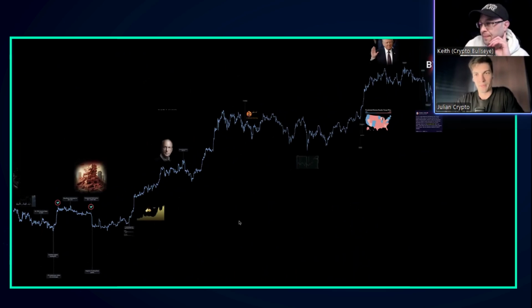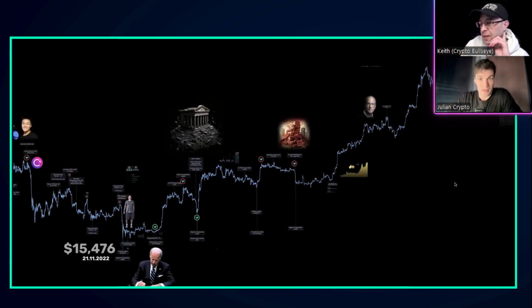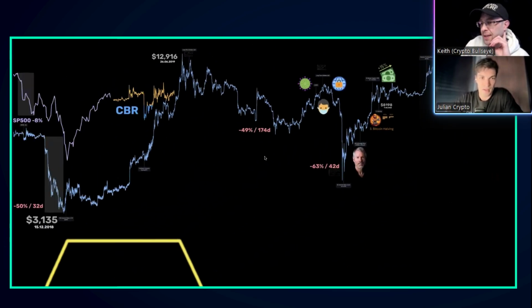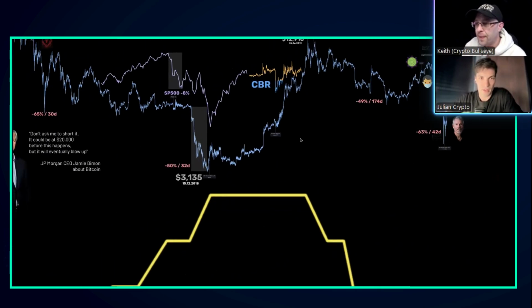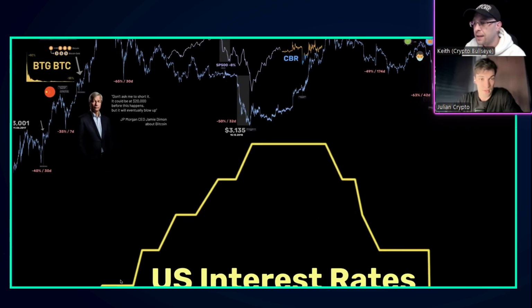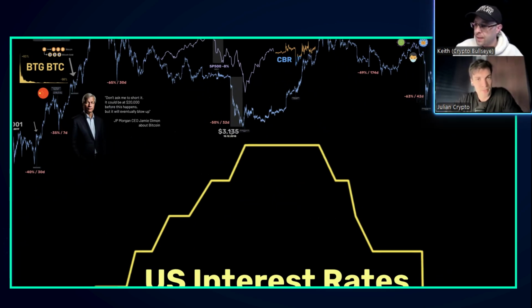Yeah, that's a nice looking chart. Yeah, indeed, thank you. And for example, in 2019, the highest point of interest rates, and this is the chart of interest rates, right, was the lowest point of Bitcoin price. It's obvious.